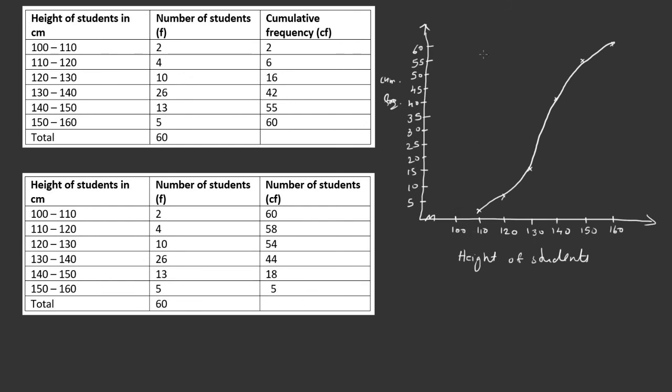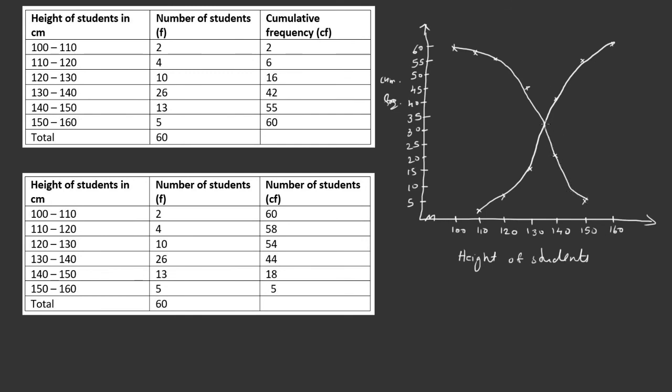Therefore, for 100 it is 60, for 110 it is 58, for 120 it is 54, for 130 it is 44, for 140 it is 18, for 150 it is 5. Now joining the points to get a smooth curve.